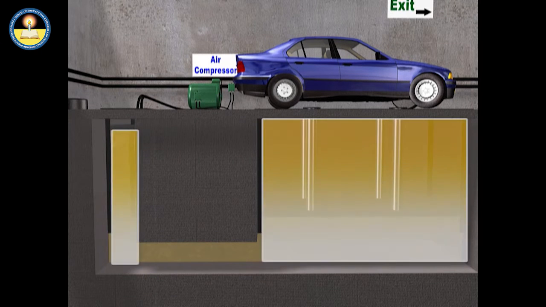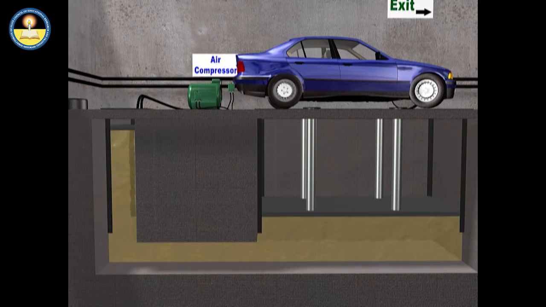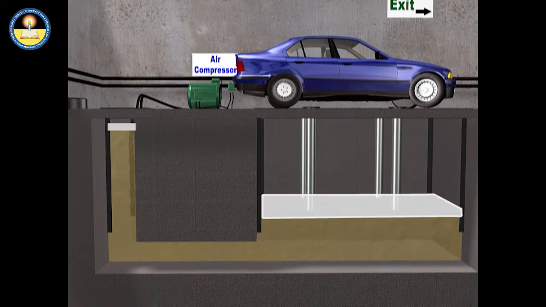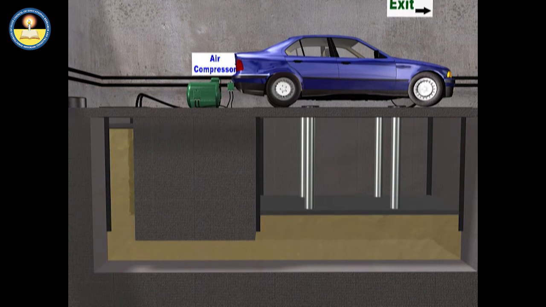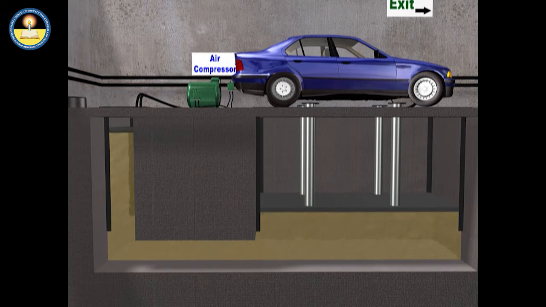A hydraulic lift consists of two cylinders filled with incompressible oil and connected to each other with an oil-filled pipe. The two cylinders are of different areas of cross-section and are provided with frictionless pistons.